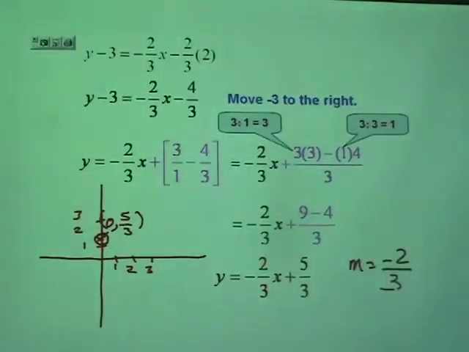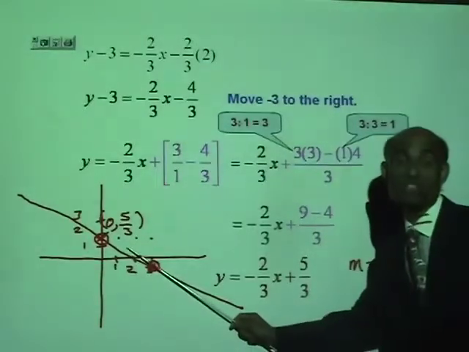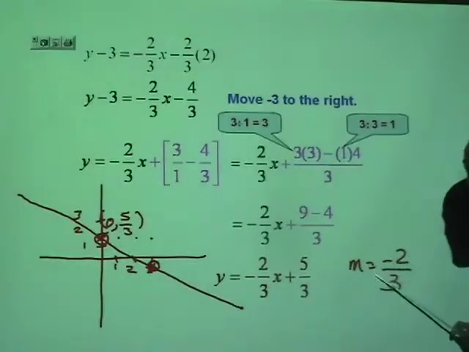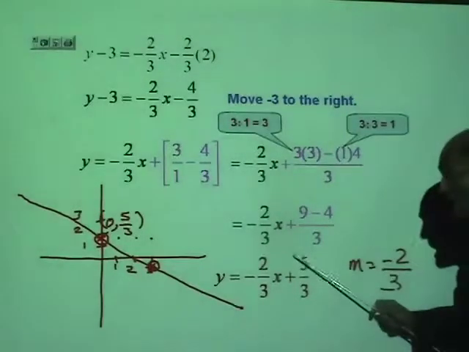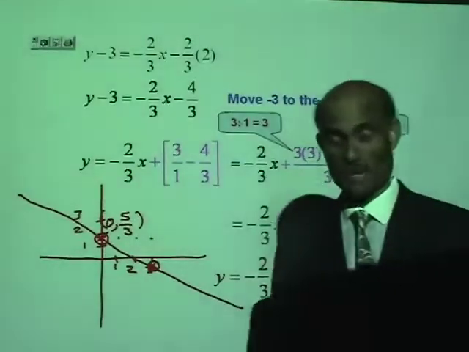So, I'm going to walk 3 units to the right, 1, 2, 3, and go 2 units down, you come here, and draw a line containing the point. This is the graph of the line that has a slope of negative 2/3 and has a y-intercept 5/3.